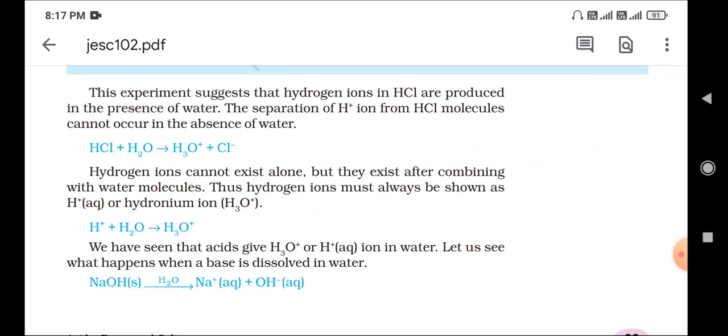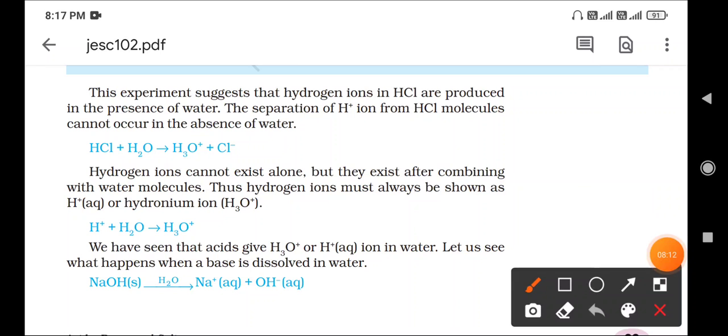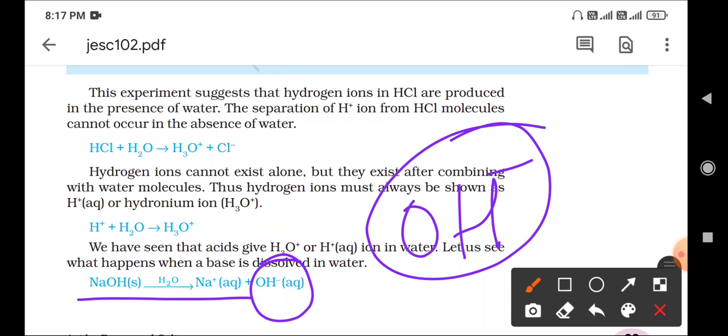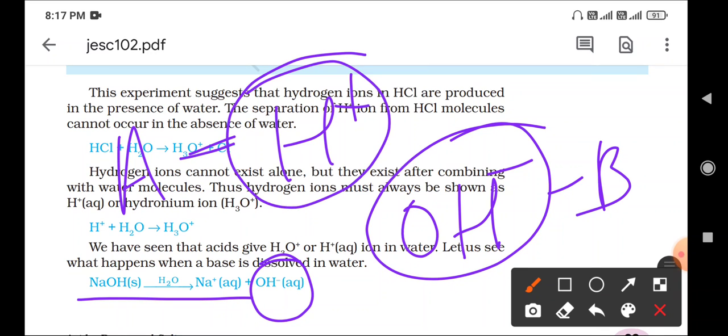Next, in the case of bases, they produce OH minus ions. Acid produces H plus ions and base produces what ions? OH minus ions. Acid produces H plus ions, base produces OH minus ions.